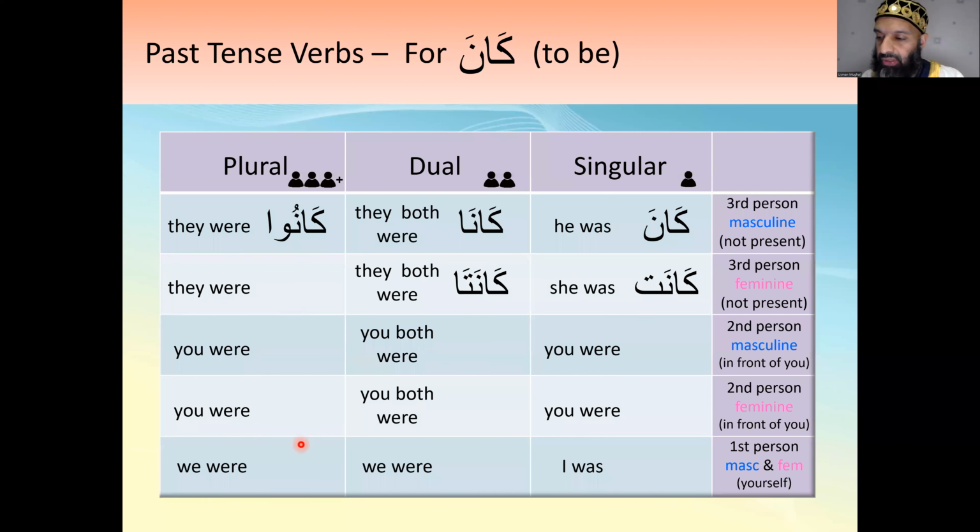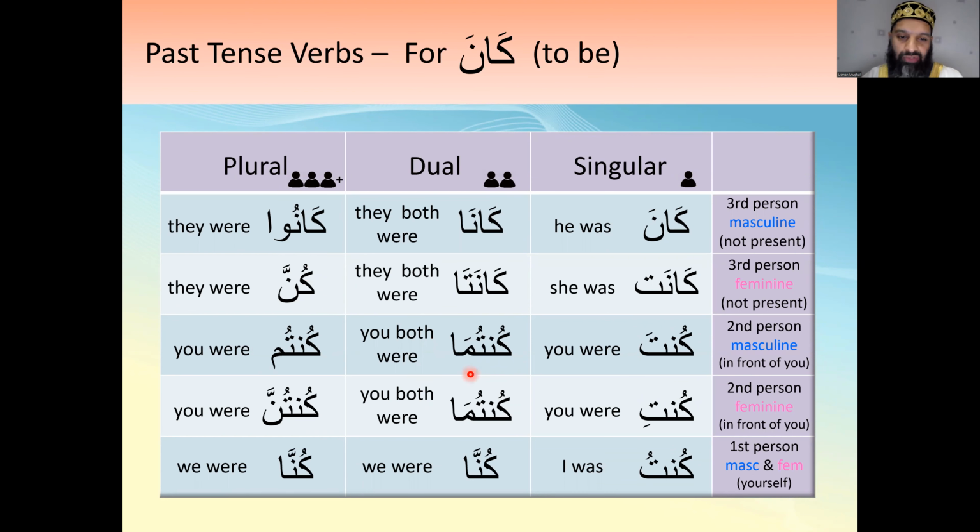It's going to be kunna. You have to keep the noon because the noon is part of the template. You can't change that. But because there's already a noon with it, you join them both together. So it becomes kunna, and you put a dhamma on the kaf as well. Very similar to qala. And then once you've got that, kunta, kuntuma, kuntum, the rest of it follows.